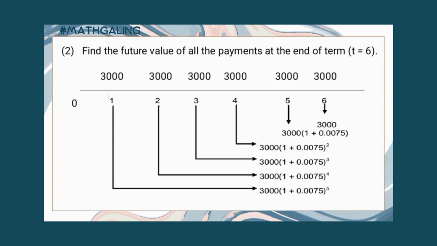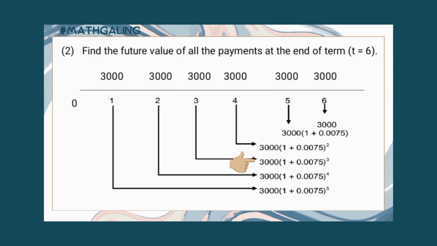Then for the second month, solve for n minus 2. So we have 3,000 pesos times 1 plus 0.0075 raised to 4, because 6 minus 2 is 4. And next, same procedure for the third month.